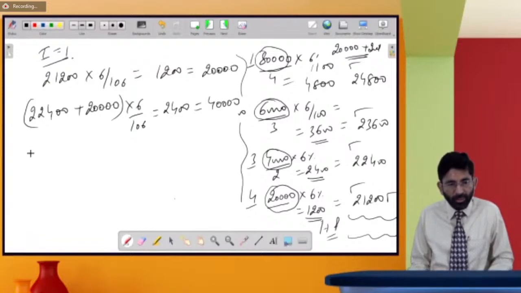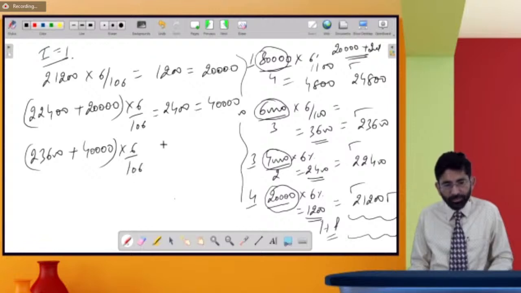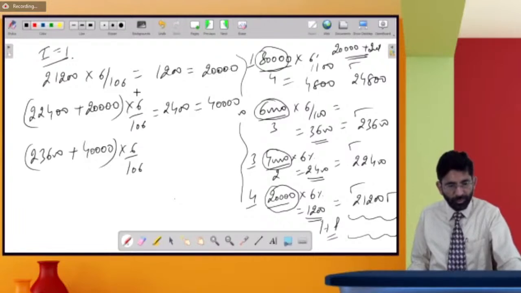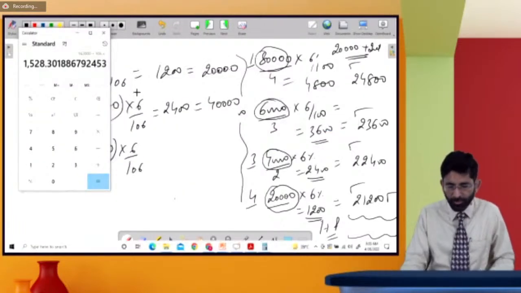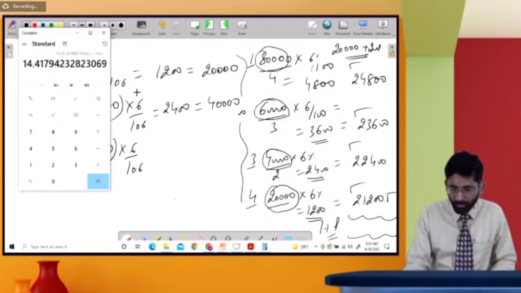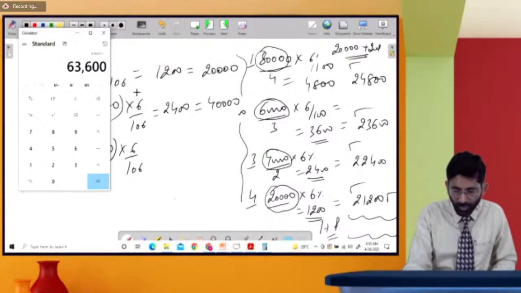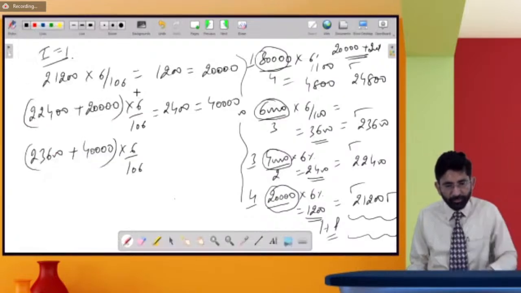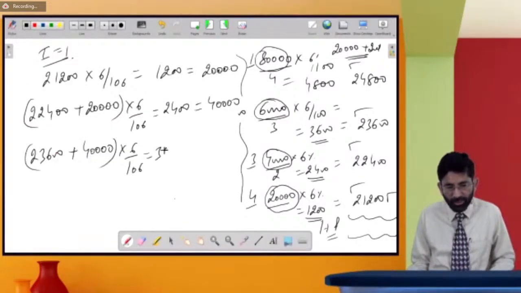Then it will be added to the previous installment: 23,600 plus 40,000, which is 63,600, into 6 divided by 106. It will be 3600. Deducted from here, it will be 60,000.